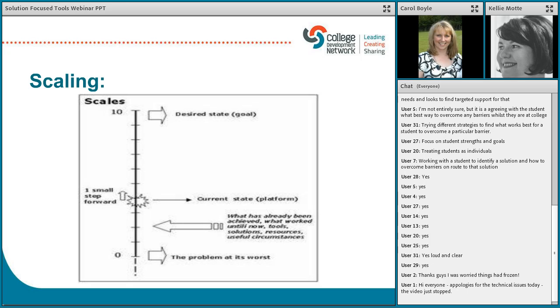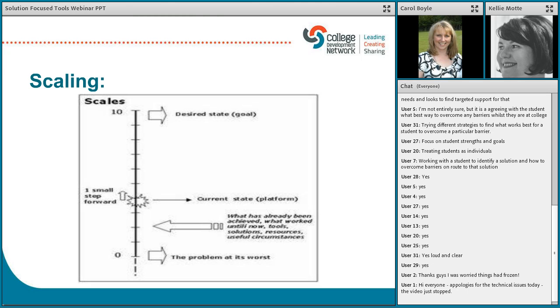And often people identify with that an awful lot more. It's easier for them to use a scale to indicate where they are rather than trying to describe it, because they might find that hugely difficult to do. How do they put how they're feeling into words? So scaling is a really flexible tool to use.